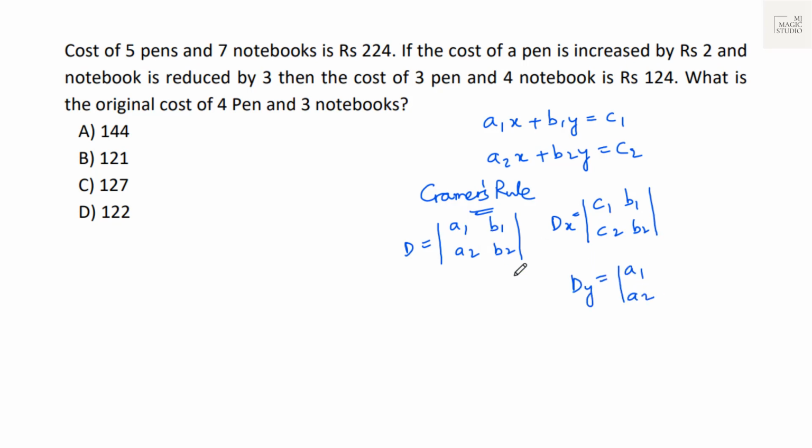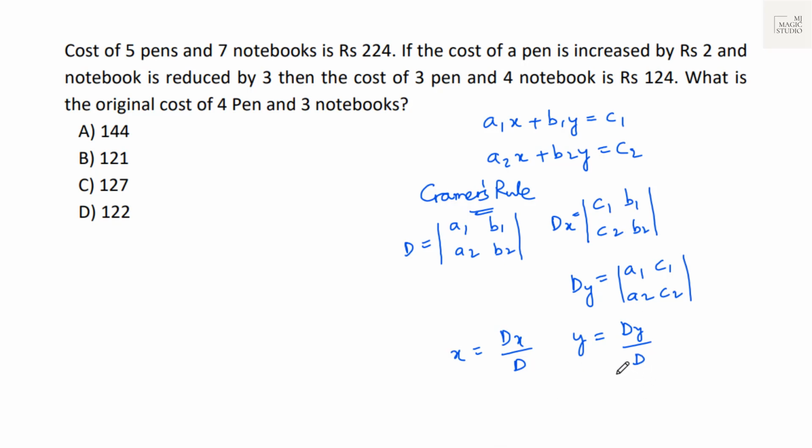Then find dy: that will be a1 a2, substituting the b column by c1 c2. Then the value of x would be simply dx by D and the value of y will be simply dy by D.